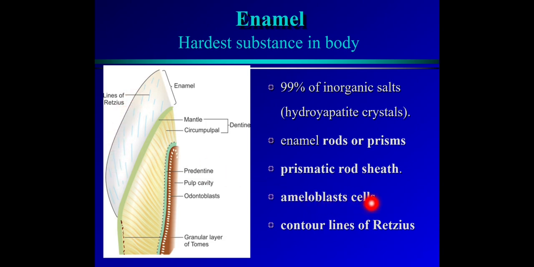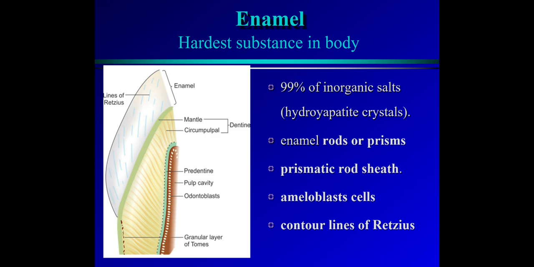These ameloblast cells lay down the enamel, and once the enamel is deposited on the teeth, in the mature teeth these ameloblast cells wear off. Once these cells wear off, there is no further formation of enamel. So enamel is the structure which is formed only once.